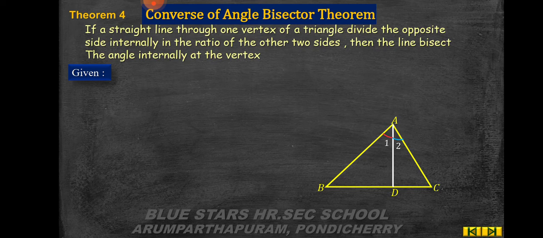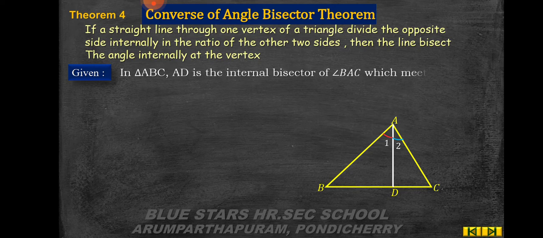So BAD is angle 1 and DAC is angle 2. In a triangle ABC, AD is the internal bisector of angle BAC which meets BC at D.